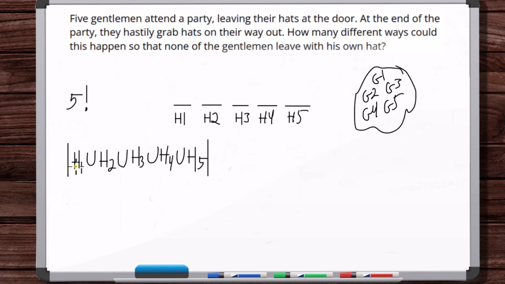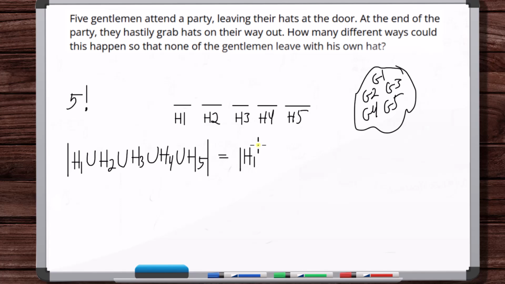Because remember, it's the total number of elements where gentleman 1 has his own hat, the total number where gentleman 2 has his own hat, all those together, but no duplicates. That's the big key: it doesn't include the duplicates. That's what we want, because this is all the cases where either gentleman 1 has his own hat, or gentleman 2, or gentleman 3, or gentleman 4, or gentleman 5.